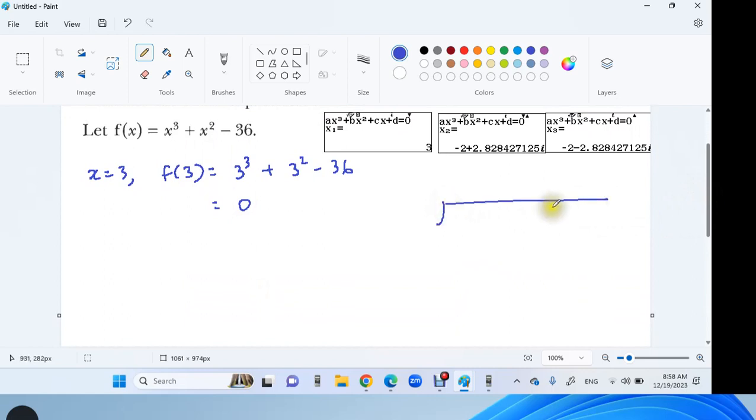So after that, we have x cubed plus x squared plus 0x minus 36 divided by x minus 3. Okay, they don't have the x term, so you have to write 0x here.